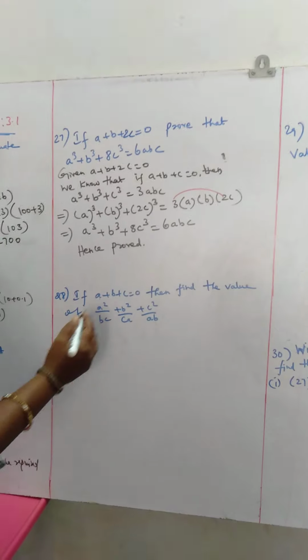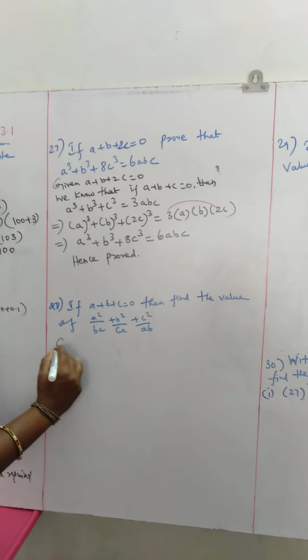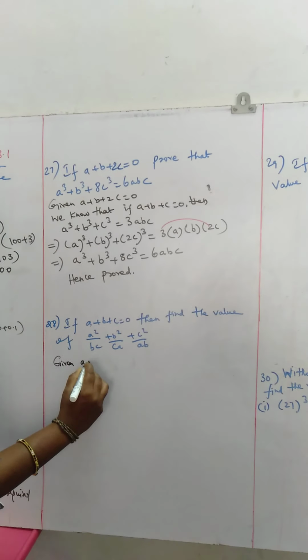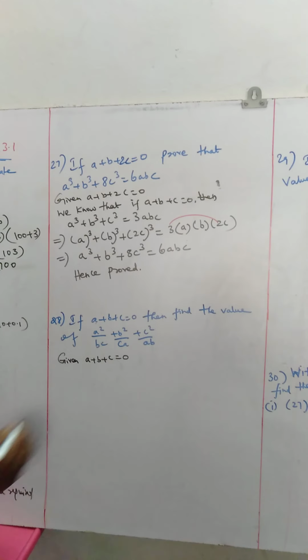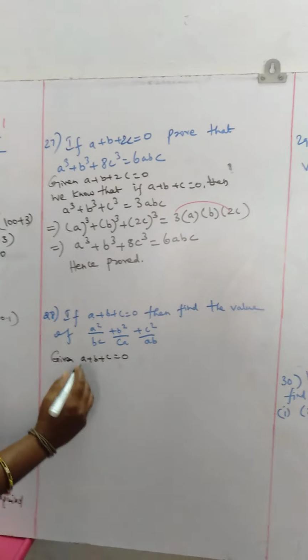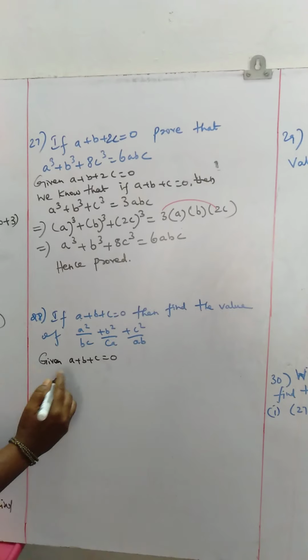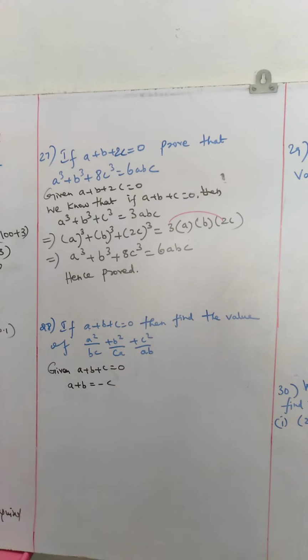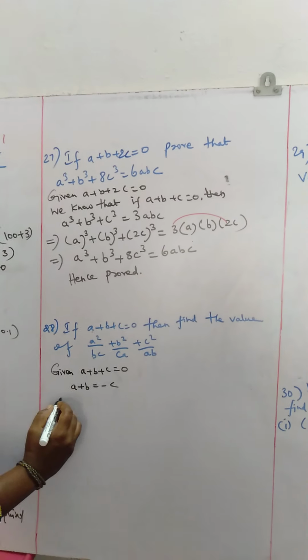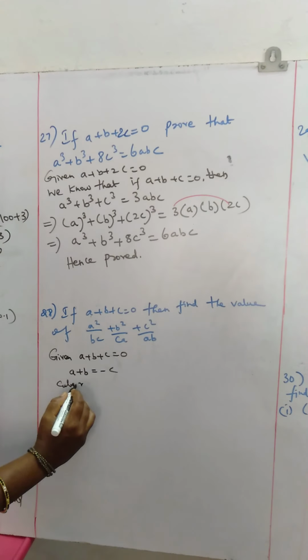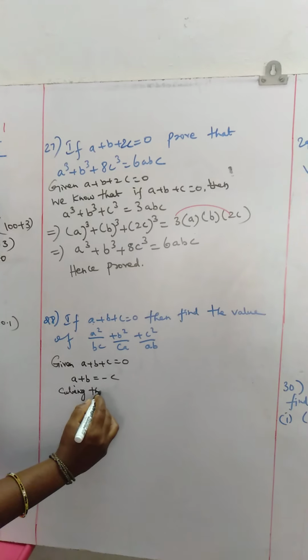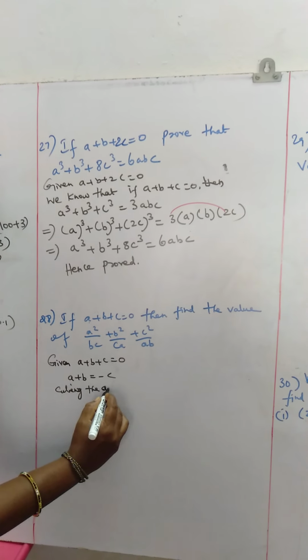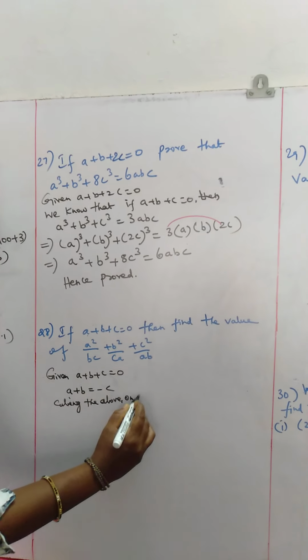So what we are going to do here is from the given. What is given here? A plus b plus c equals 0 is given. So from this one we can write a plus b equal to minus c. Okay.